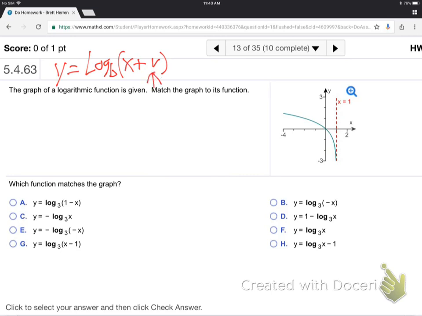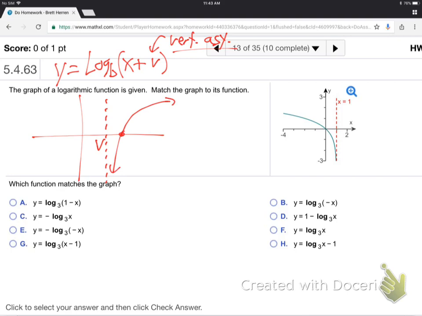That v is going to be the vertical asymptote. The number in the parentheses of a log is where the vertical asymptote is. So when you go to the graph, there's a vertical asymptote at v. And the log graph goes like that. It takes a dive at the vertical asymptote wall.